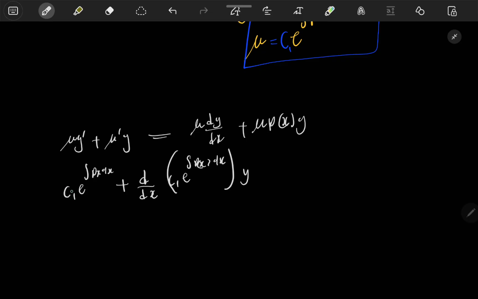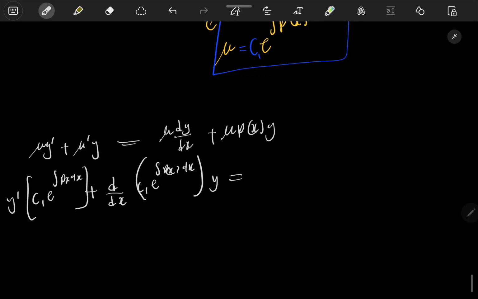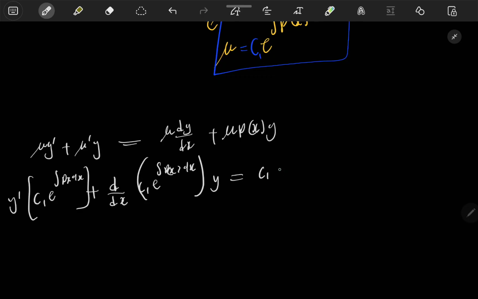The y will go alone, and here I'm supposed to have a y prime coming in with that. I'm copying that there, but substituting my mu, which is going to be c1 e to the integral of p(x) dx. Then I'll have y prime, and here I'll have plus mu, which goes with c1 e to the integral of p(x) dx, and the p(x) and the y.